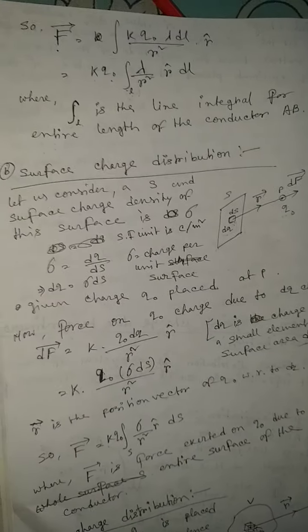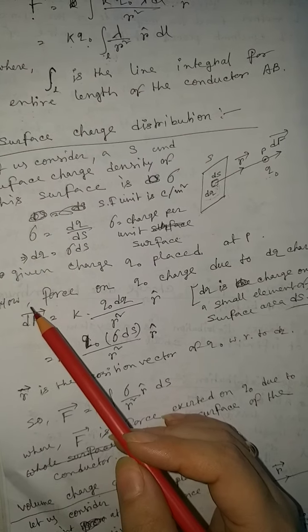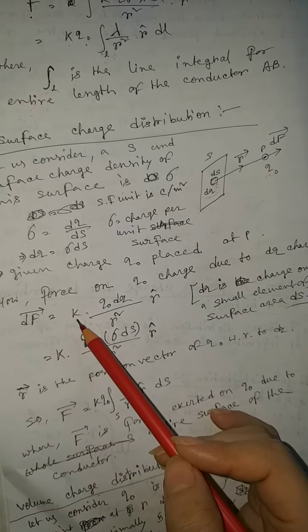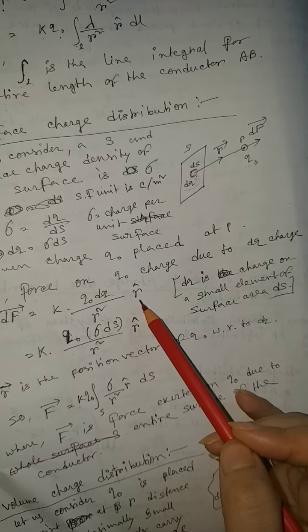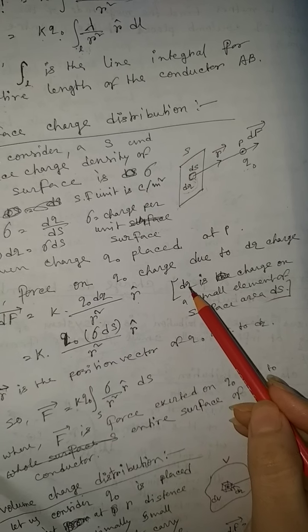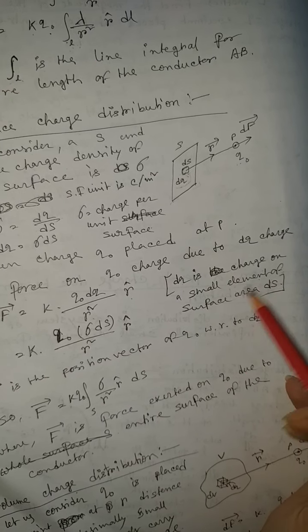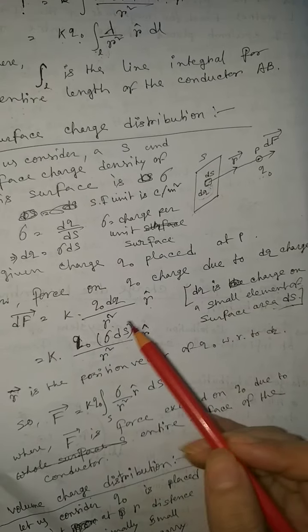So given charge q naught placed at P, from Coulomb's law we can write df vector equals k into q naught into dq by r square into r cap, where dq is the charge on a small element of surface area ds.